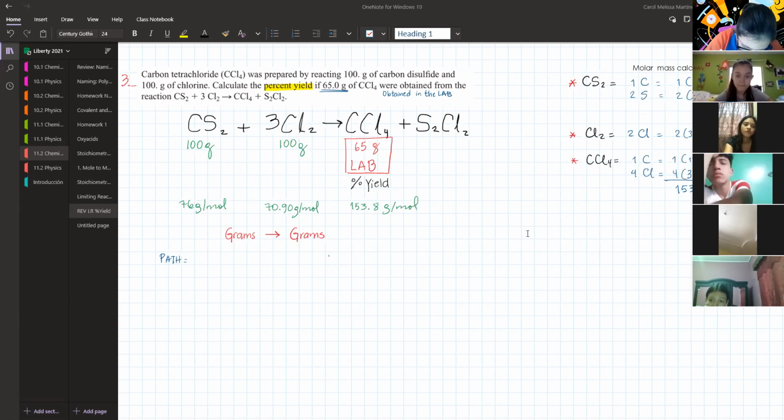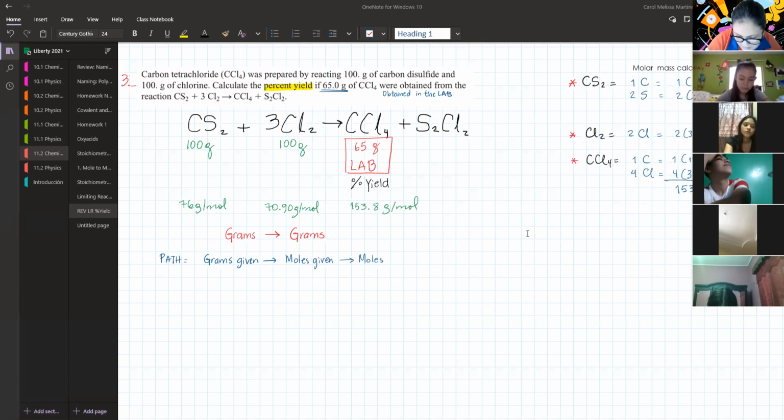The path is from grams given to moles given to moles unknown to grams unknown. That's the path that I follow, okay?